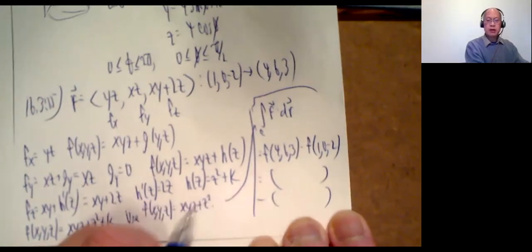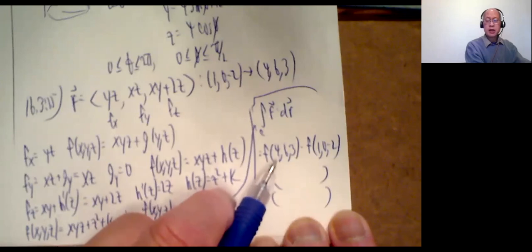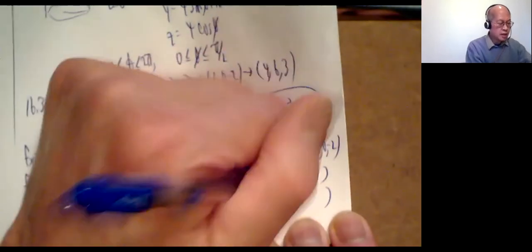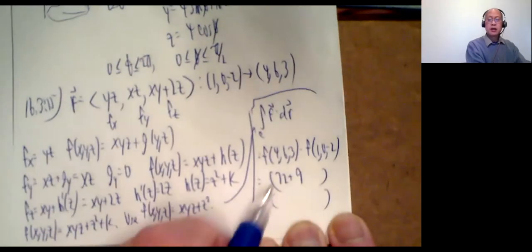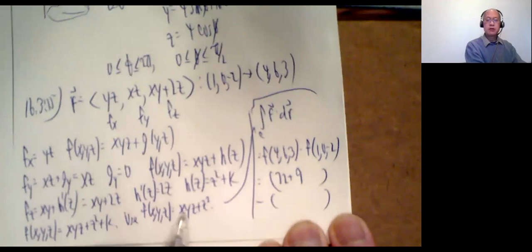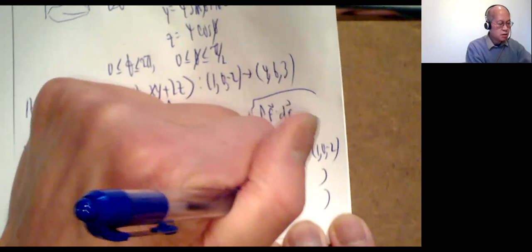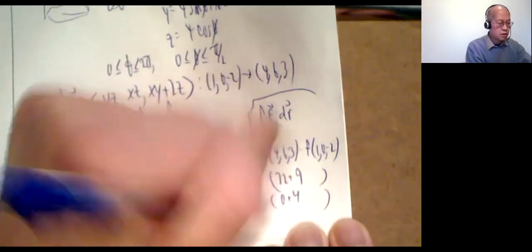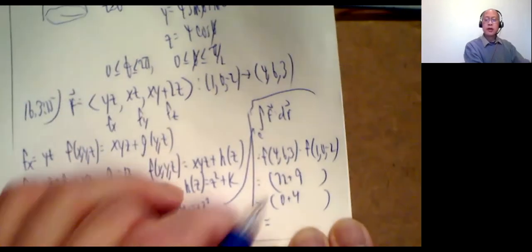So f of (4, 6, 3): 4 times 6 times 3 is 72, plus z squared is 9. f of (1, 0, -2): 1 times 0 times -2 is 0, plus z squared, negative 2 squared, is 4. Okay, so that's 81 minus 4, 77. And that's my final answer for that.